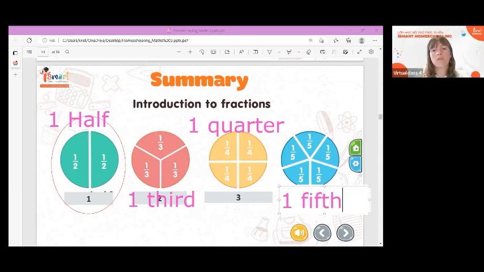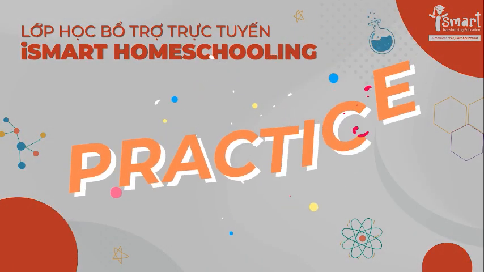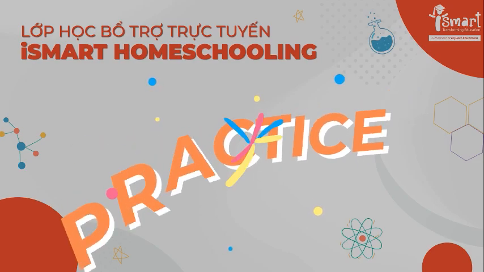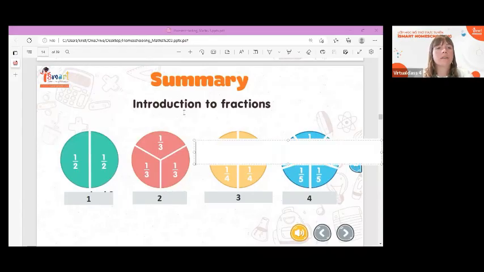There we go. Good. All right. So remember, these are what fractions look like. They are equally divided. So all of these circles are equally divided into their fraction. All right. So let's look at the next one.